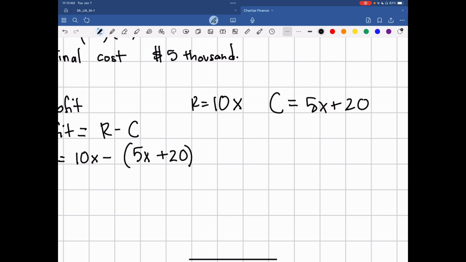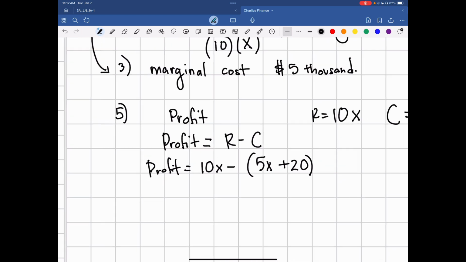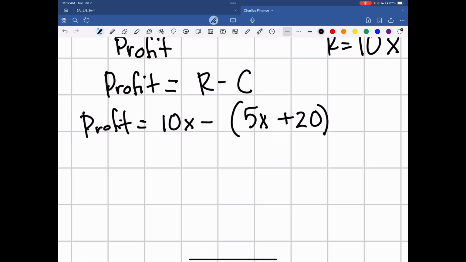I noticed here how it was good that I stayed consistent with, instead of writing 10,000 or 10,005, I had to stay consistent because my units are in thousands again. So instead, this is 10,000, this is 5,000, this is 20,000.